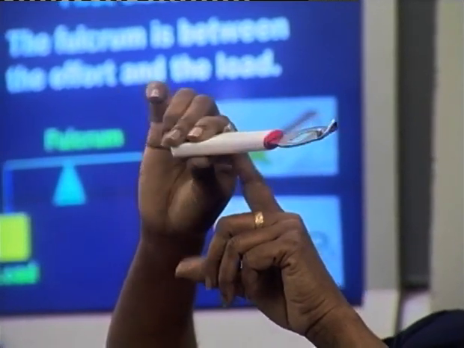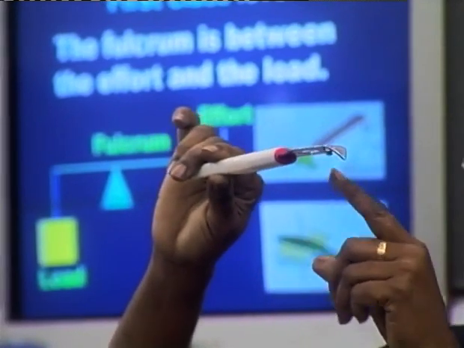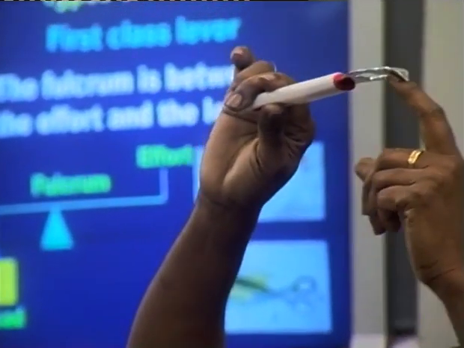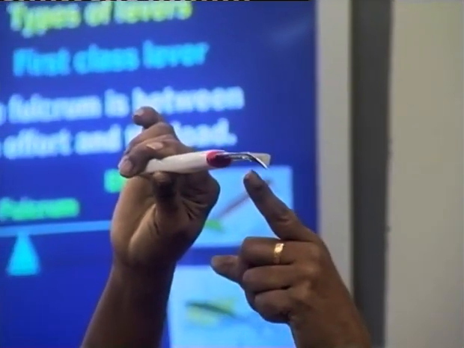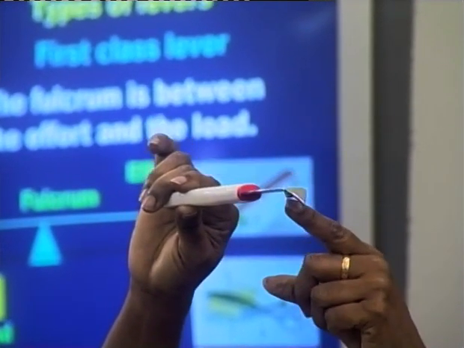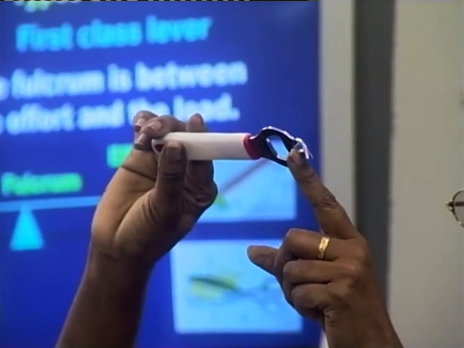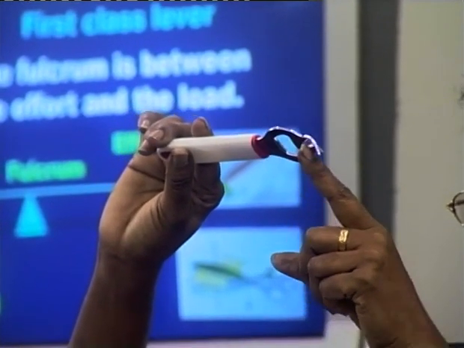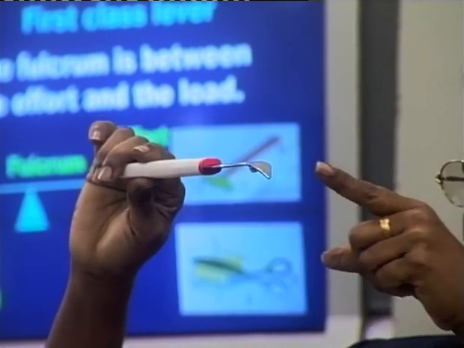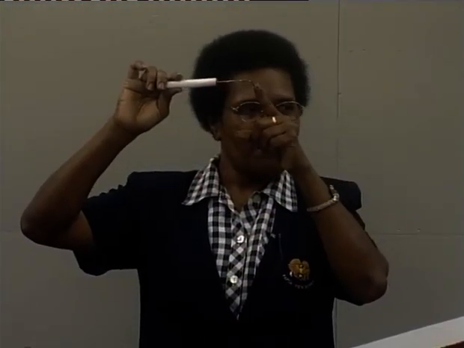Then I have the weight. Now, if I am to open a bottle, that bottle or the load will be in the middle here. And the fulcrum is at the side.